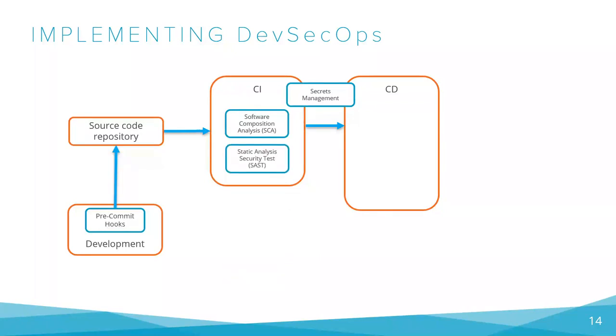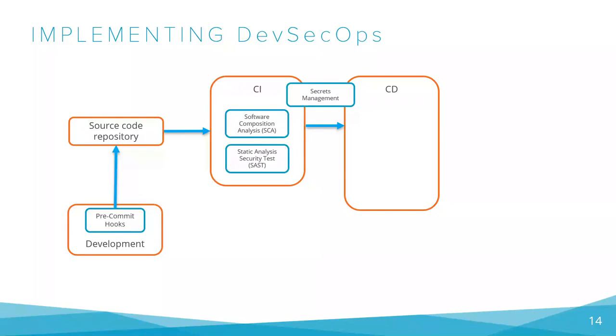The next thing is static application security testing, or we can call it SAST. SAST scans an organization's entire code base for a broad range of vulnerabilities, including the critical risks identified in the OWASP Top 10.